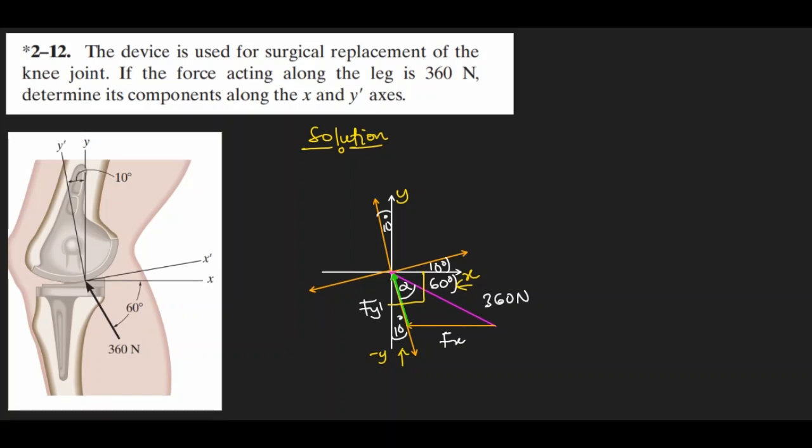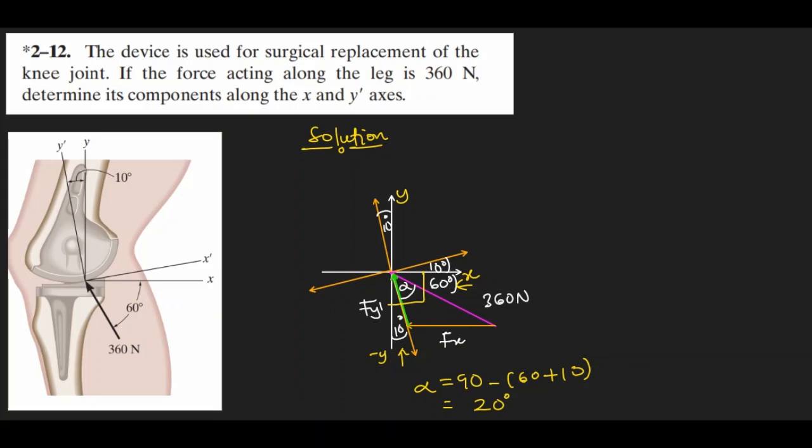So the angle alpha will be equal to 90 degrees minus 60 plus 10. 60 plus 10 will give us 70. Subtracting 70 from 90 will give us 20 degrees. So angle alpha is 20 degrees.